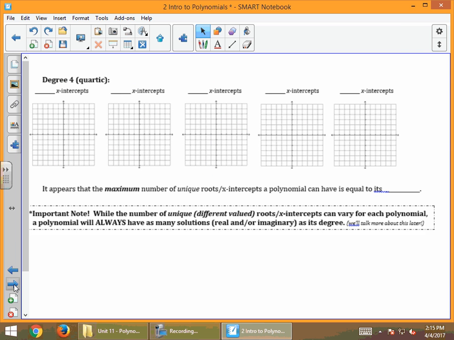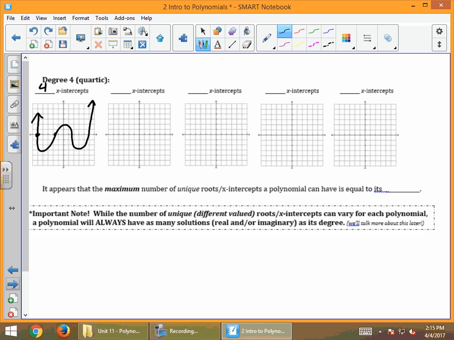Okay. Oh boy, quartic has a lot. So generally speaking, how many is a quartic going to have? 4. And similar to what we drew, 1, 2, 3, back up, 4. There's 1, 2, 3, 4.